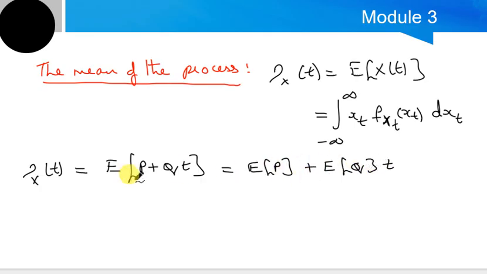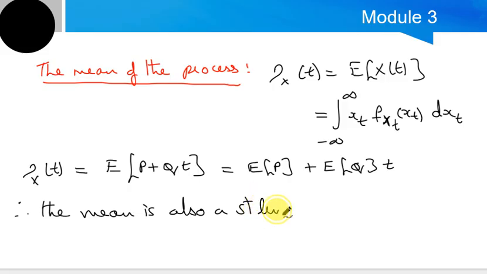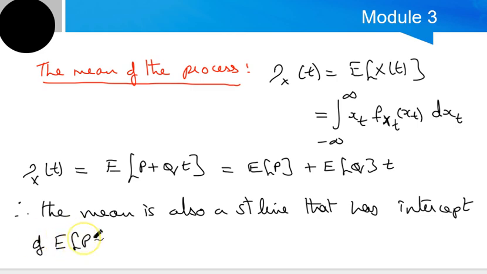So once again, the mean is also a straight line that has intercept of e of p.